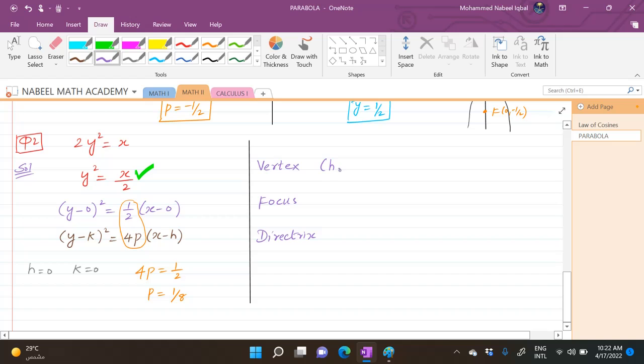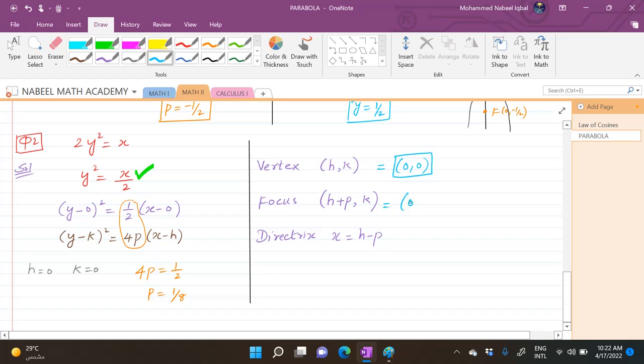Vertex is h comma k, and here the focus changes in x, therefore I have to write it as h plus p comma k, and here x equals the just opposite sign, h minus p. Now I substitute all the values here, h and k, which is 0 comma 0, about the origin.